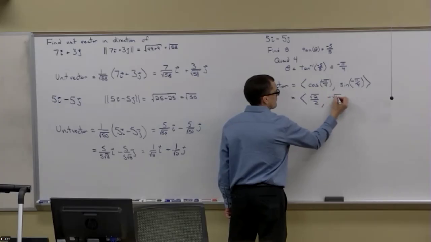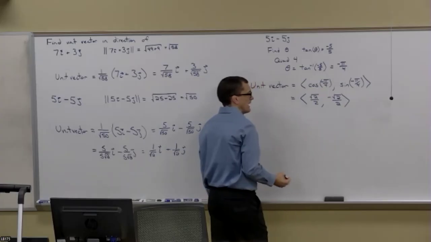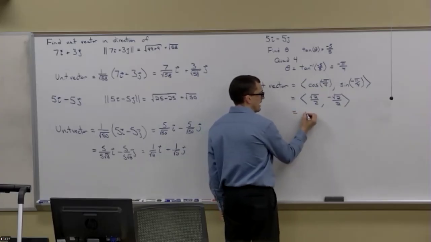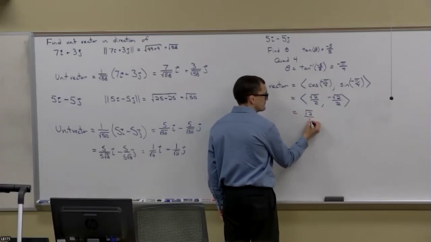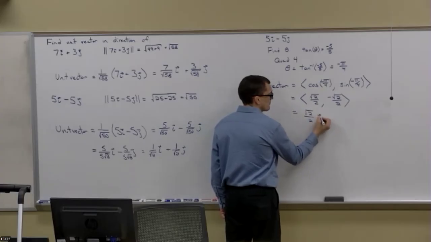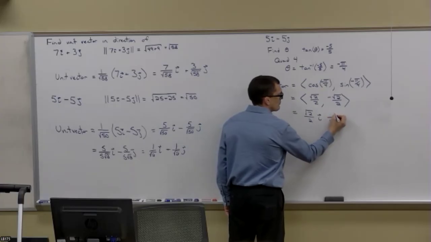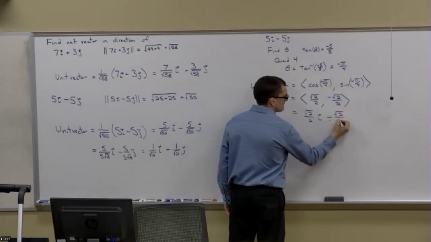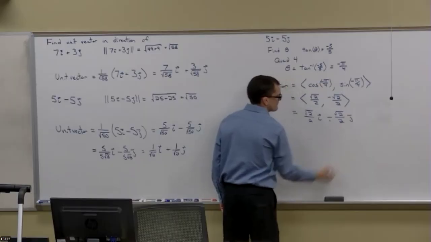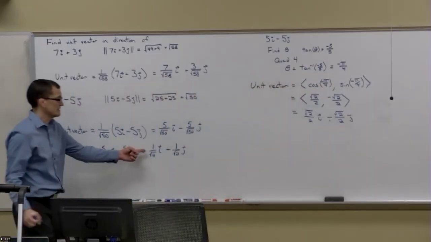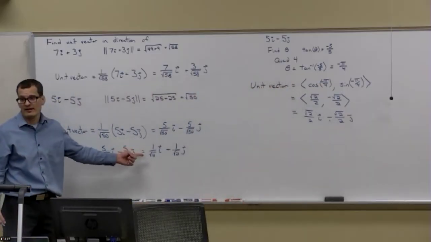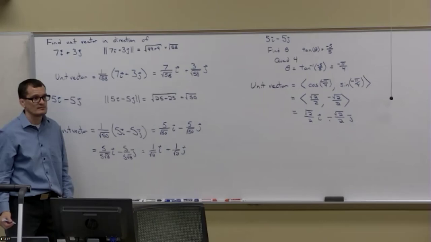Sine of negative pi over 4 is negative root 2 over 2. And like I said, if you wanted to write this in ij notation, as root 2 over 2 i minus root 2 over 2 j. That's the exact same thing we got the other way, right?